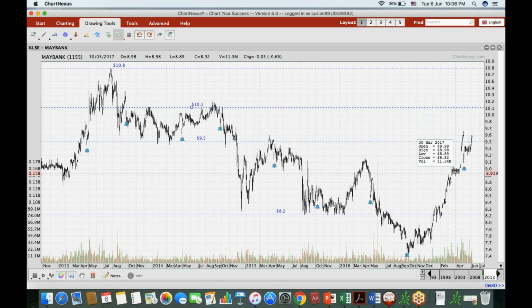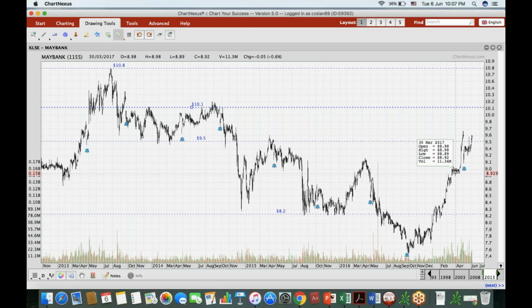Let's say we pick the glove sector. If the theme is export, when the ringgit is very weak, the export will do extremely well. So I go to the glove sector, and then I pick which glove stocks I want to buy. Let's study Top Glove, Kossan, Supermax, or Hartalega, and see which stock has great potential.